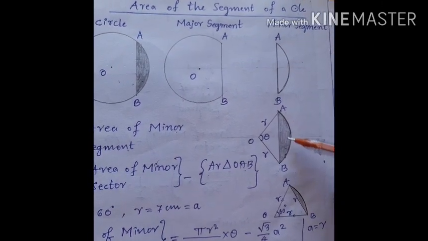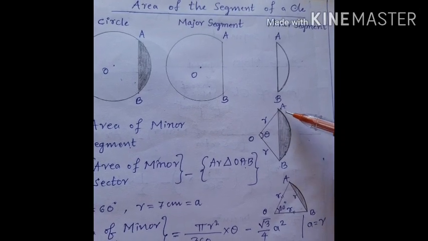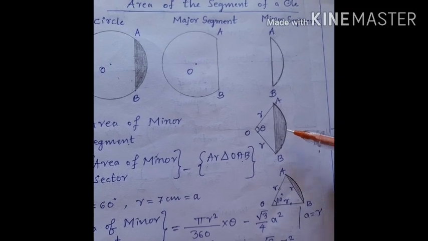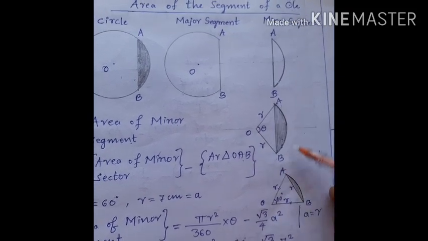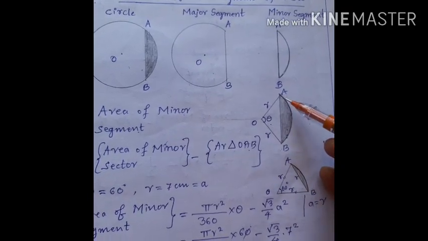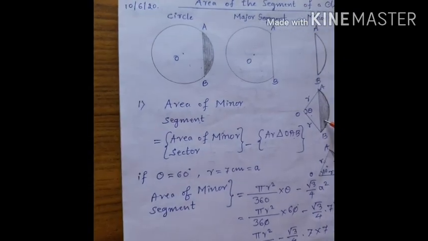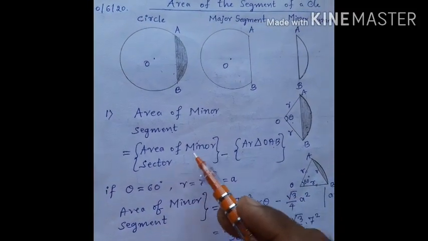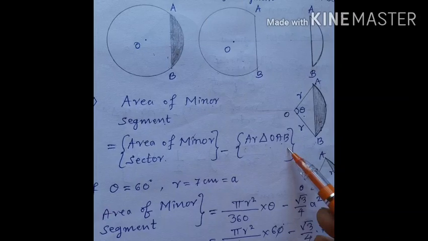If the minor segment area is asked, there is no direct formula. First you find the area of the minor sector OBA. From this area you subtract the area of the triangle, then you will get the area of this minor segment. So we have the formula here: area of minor segment is equal to area of the minor sector minus area of triangle OAB.